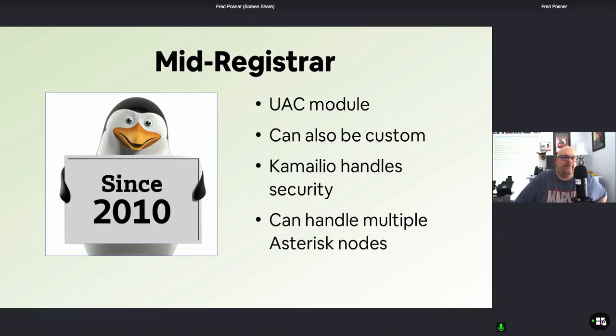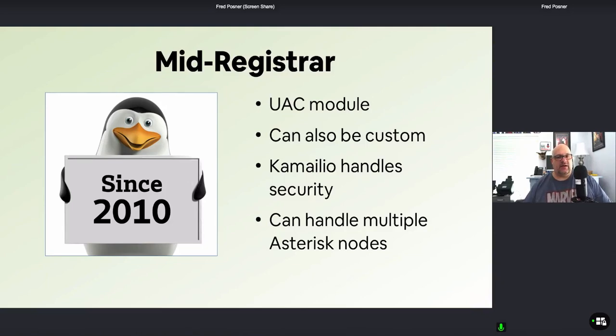It can keep track of how many attempts were made. So let's say somebody tries to register 3 times, we then block them if you wanted, anything like that. Kamailio can handle that kind of bouncing activity as a door bouncer. It can handle multiple Asterisk nodes. So it could say, okay, this user is on Asterisk 1, this user is on Asterisk 2, let me send it there, things like that.